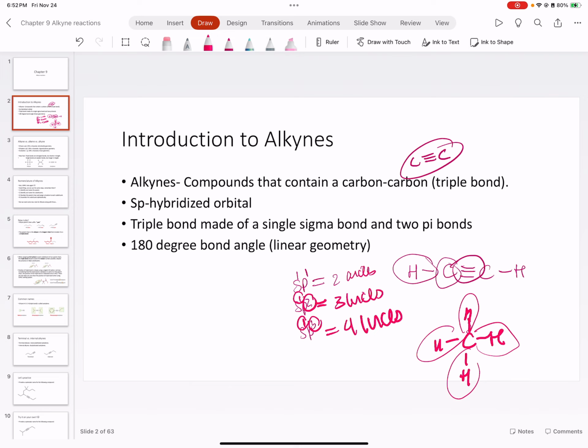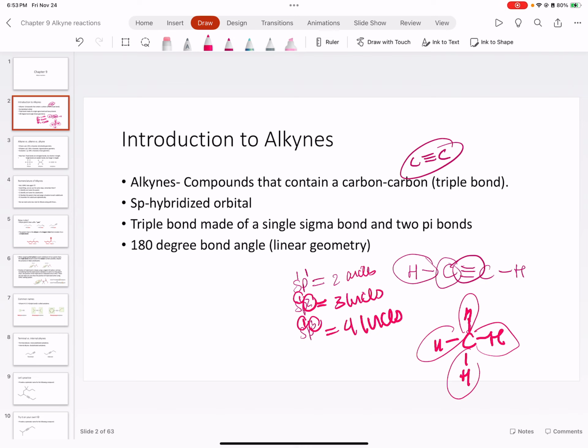Something that is just sp hybridized can also be a double bond, because I have just 2 separate bonds around it. So I have 2 circles around that, so it'll be sp. Then I have sp2, then I have sp3.